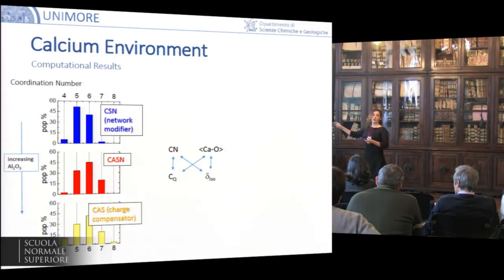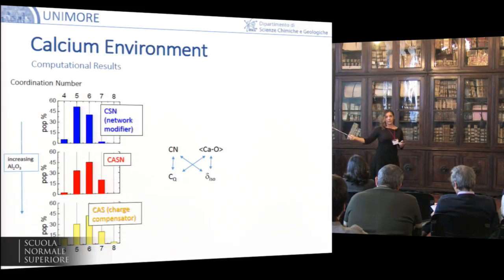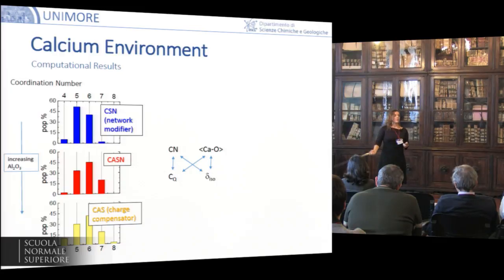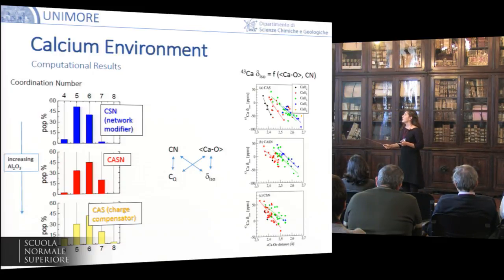Okay, it would be very nice if we could extract this kind of information directly from experimental data. And in fact, for decades, experimentalists tried to elaborate simple, effective, univariate correlations between structural parameters and NMR parameters. And what we did was to check whether these correlations were valid for glasses as well.